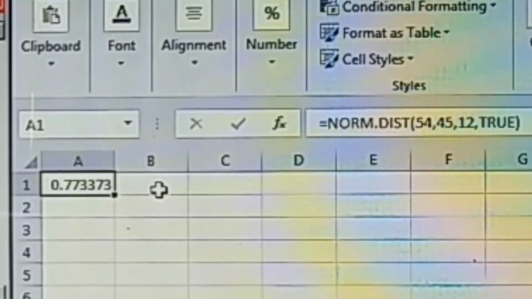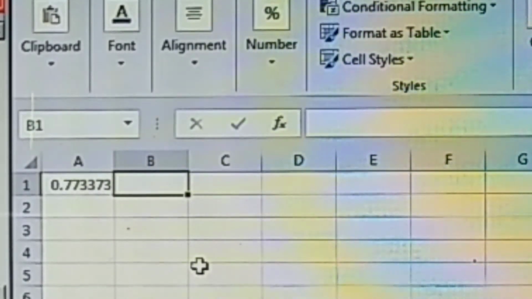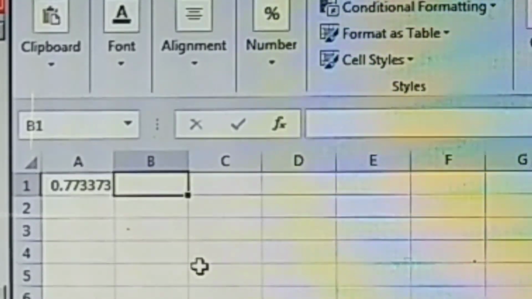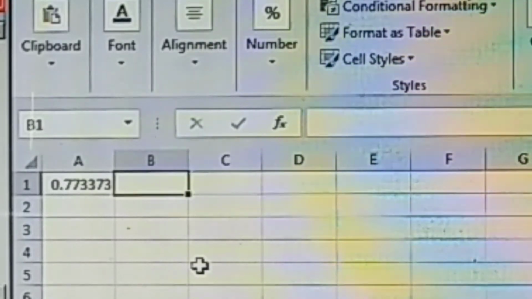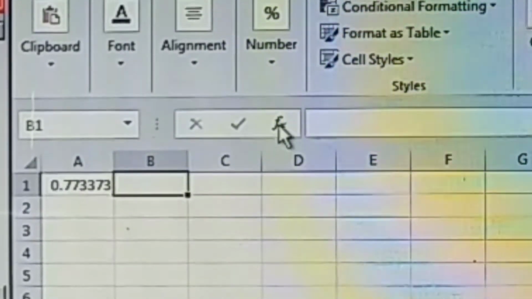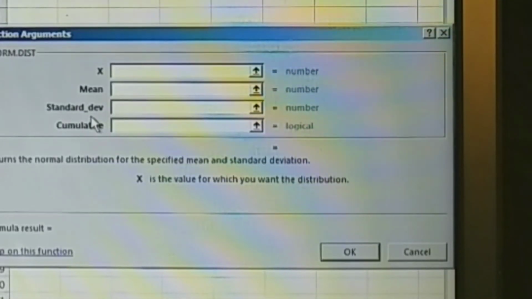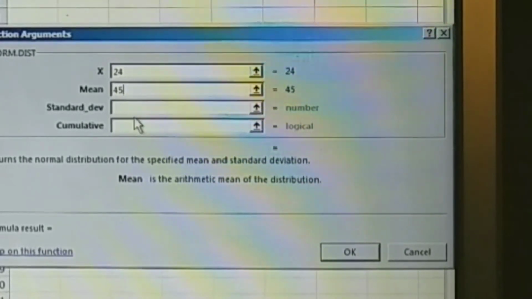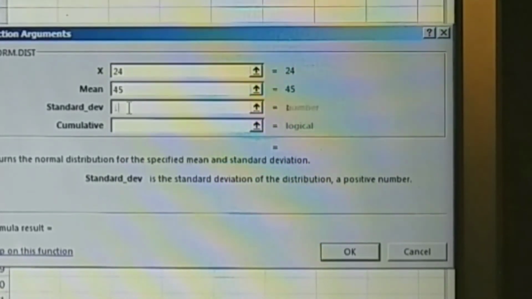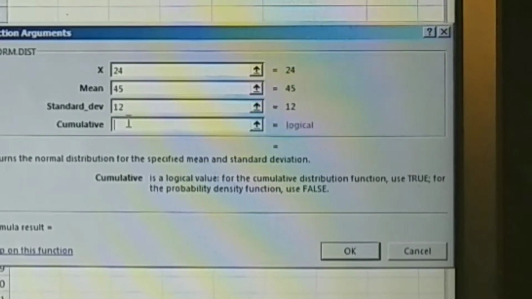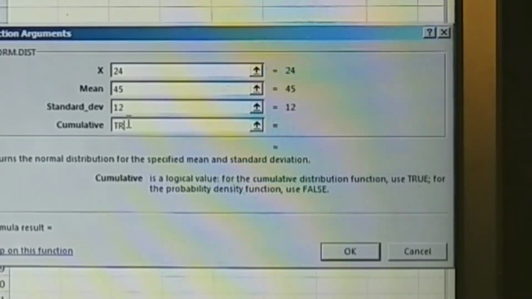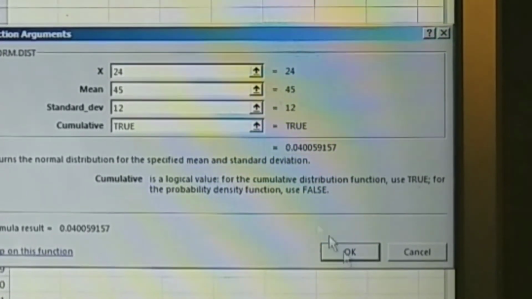Now let us find the probability that x is less than 24. To do that, let us repeat the procedure. So we go to fx, norm.dist. We put x be 24, mean 45, standard deviation 12, and the cumulative we have true. And then you click OK.